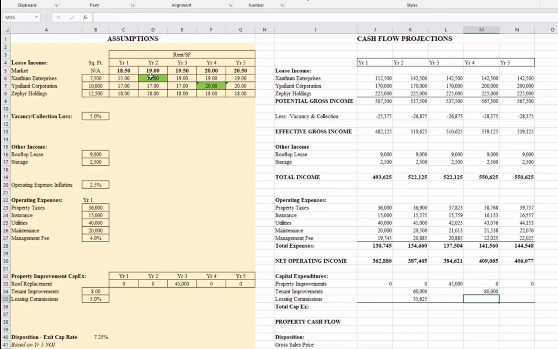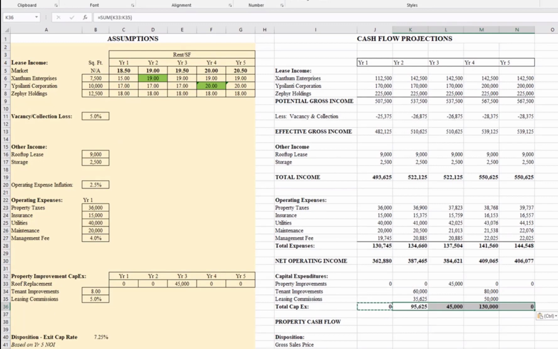And then for Ypsilanti, I'll do the same thing. I'm going to refer to 5% times the Ypsilanti square feet times the Ypsilanti rental rate times 5 for 5 years. And so that is the leasing commissions. And so to get my total capital, I'm just going to sum these 3 items.